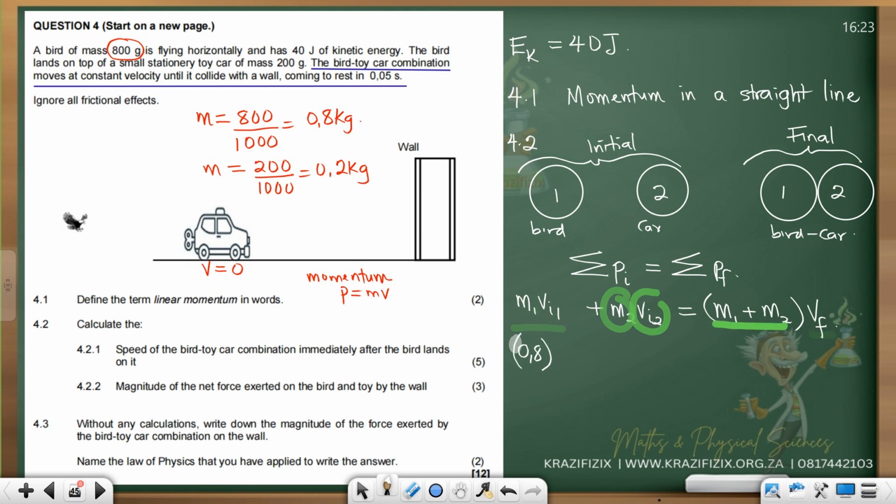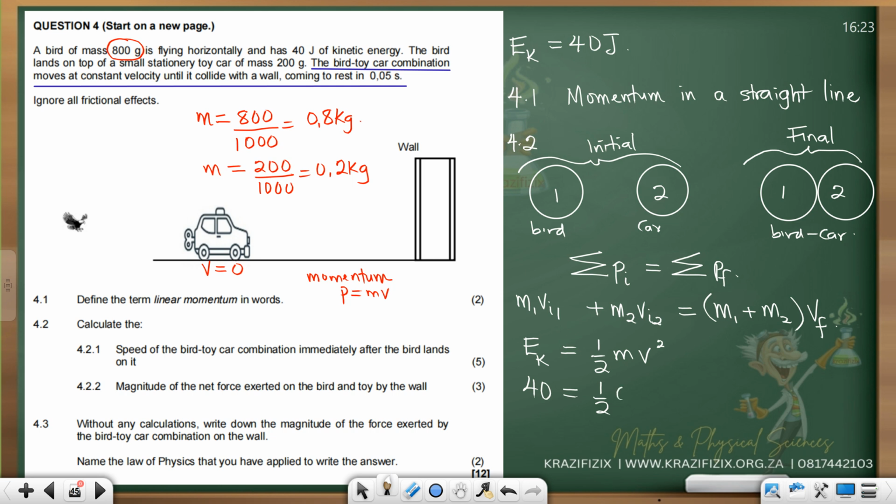Oh, wait, hold on. All right, beautiful. The examiner did not give us the velocity. They gave us the kinetic energy. Okay, so the kinetic energy of the bird was given, half mv squared, which is 40 joules. 1/2.